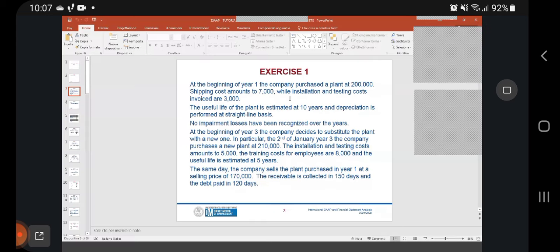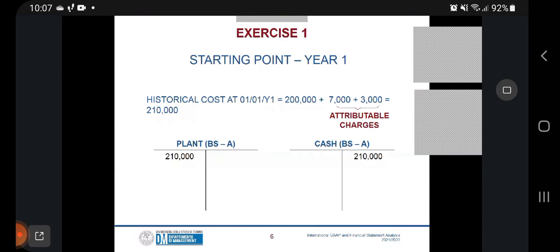In order to identify the historical cost, you have to consider also these two amounts. And then the final amount that you have to recognize in the balance sheet asset side is equal to 210,000. And then obviously, in order to hold the equation, you have to account for the outflow of cash for 210.